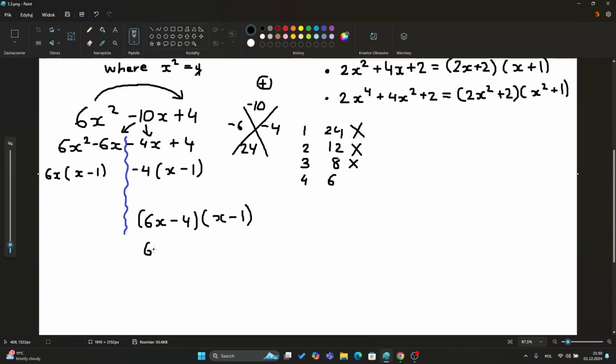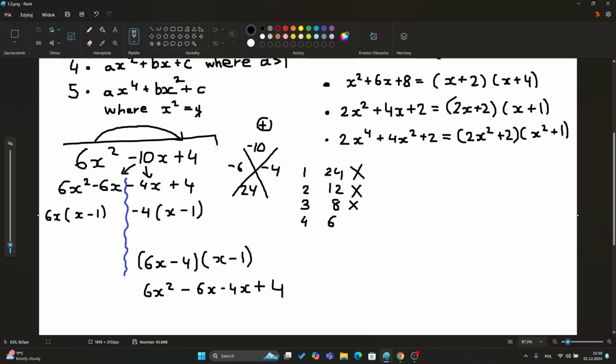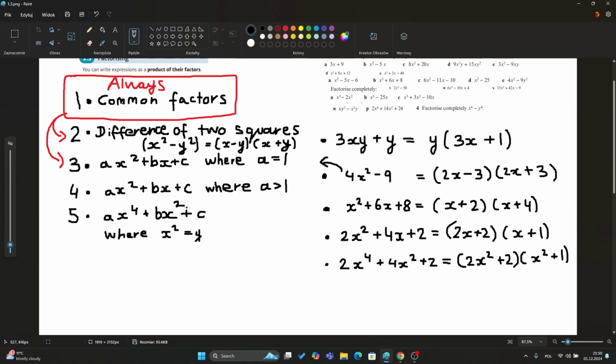And if I expand this out, we get the same answer. So that's how you deal with ax squared plus bx plus c, where a equals 1 and a is greater than 1. Now let's see what is the difference of two squares.